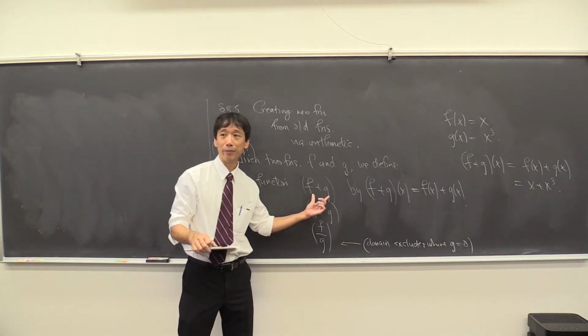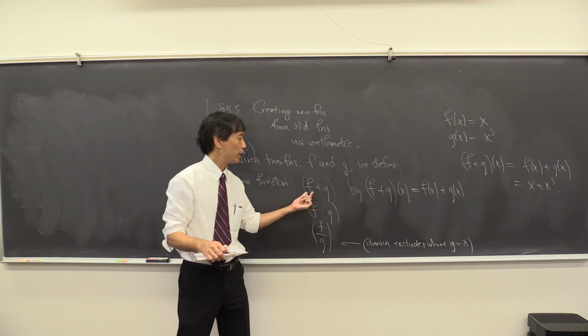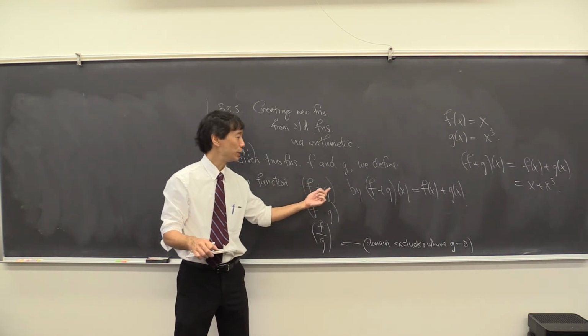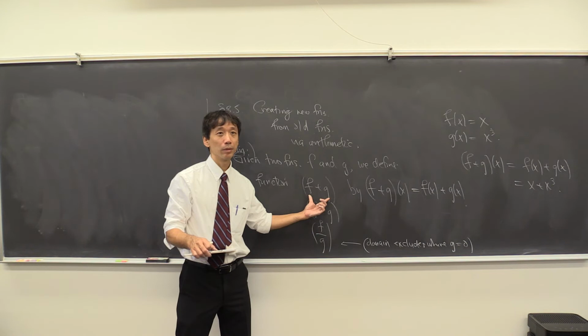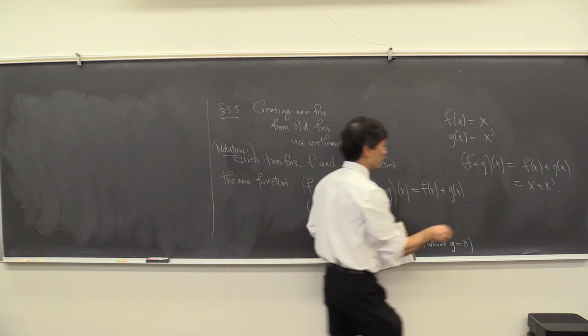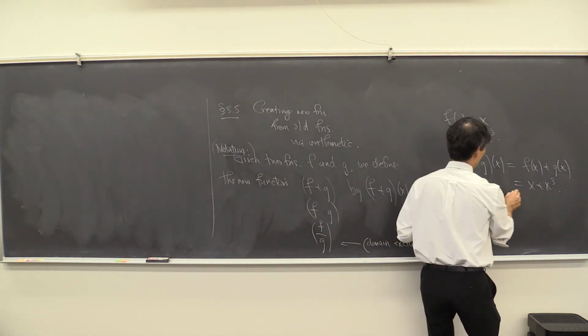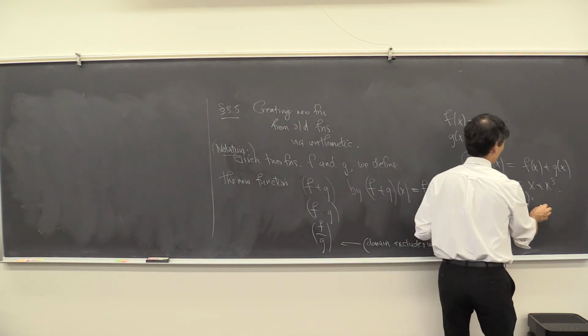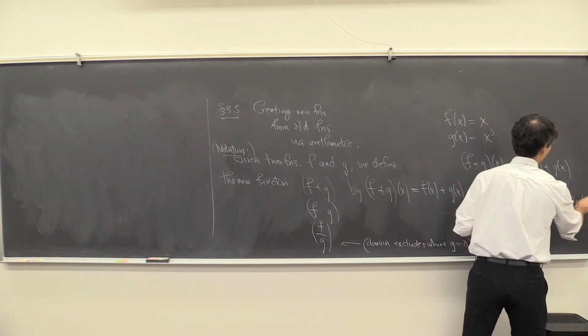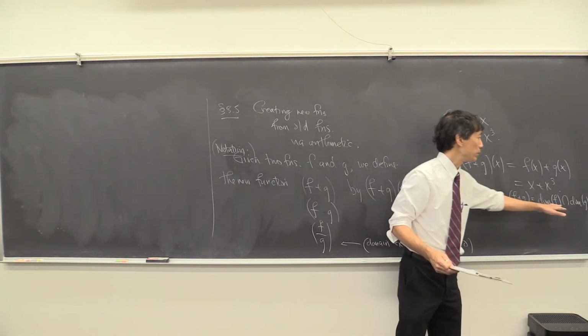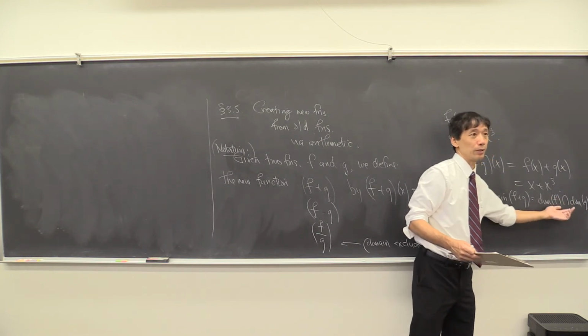So where would the domain of f plus g be? If you have a function f, it has a domain. You have a function g, it has its own domain. Where would the domain of this sum function be? Where the two domains overlap, right? So the domain of f plus g is going to be the domain of f intersect the domain of g, the points that are in the intersection.